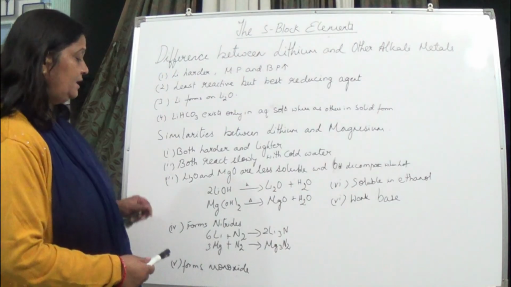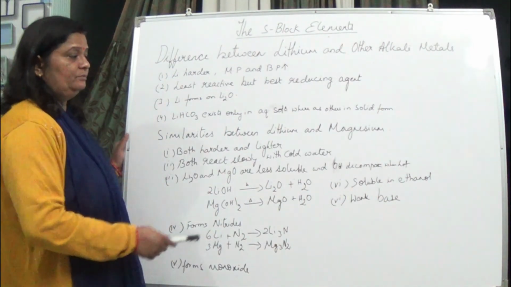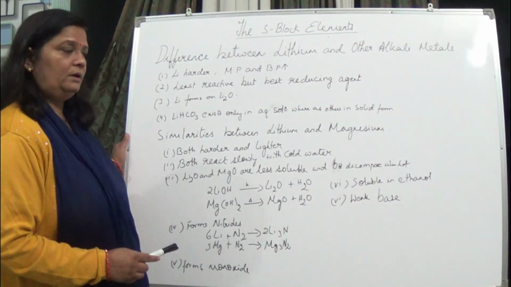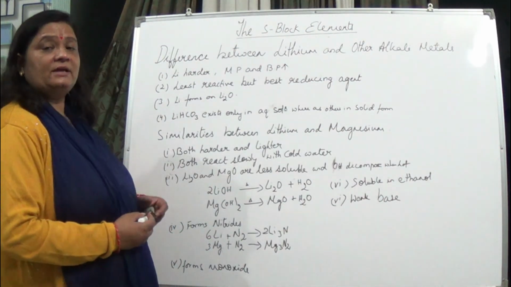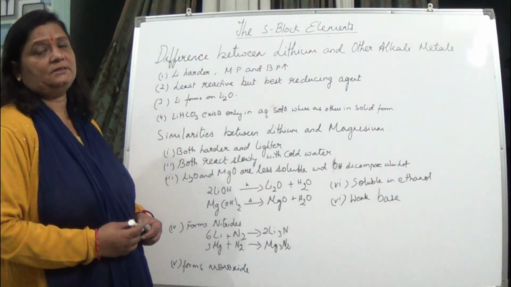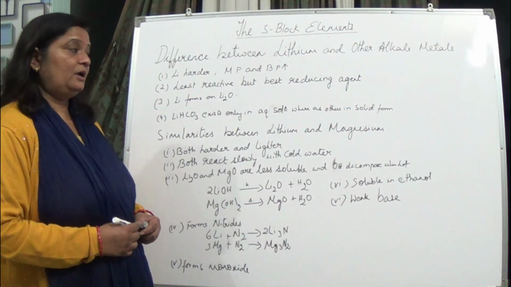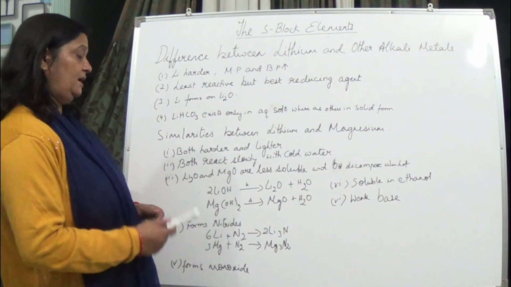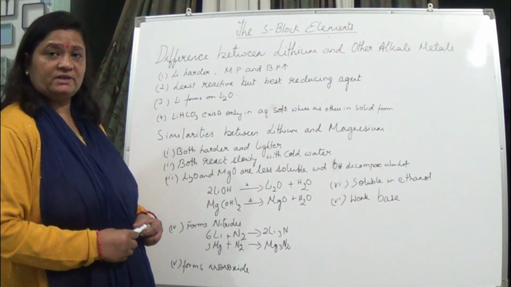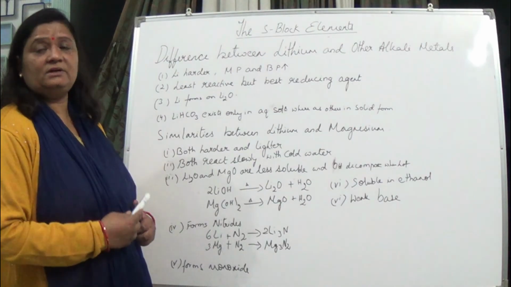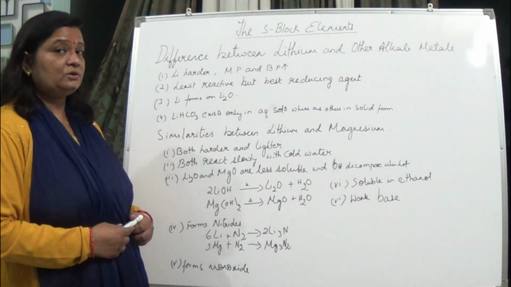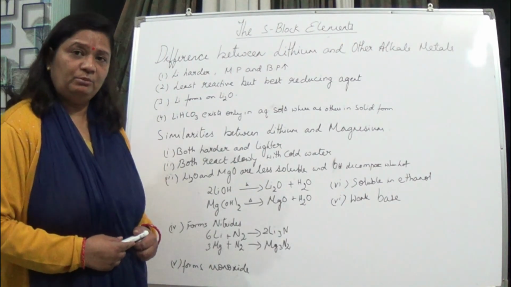But both lithium and magnesium compounds are soluble in ethanol. Regarding bases, they form bases, but those bases are weak, not strong. Sodium hydroxide is a strong base, but lithium hydroxide and magnesium hydroxide are not so strong, they are weak bases.